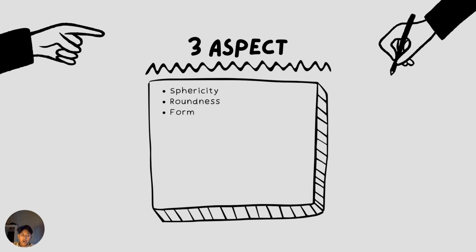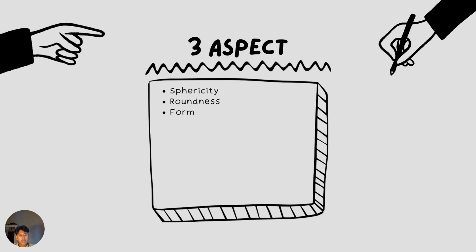Okay, let's talk more about those three aspects. The first one is sphericity. Sphericity measures how close the pebble shape is to a sphere. A pebble that is almost spherical has high sphericity, while flat or elongated pebbles have low sphericity.